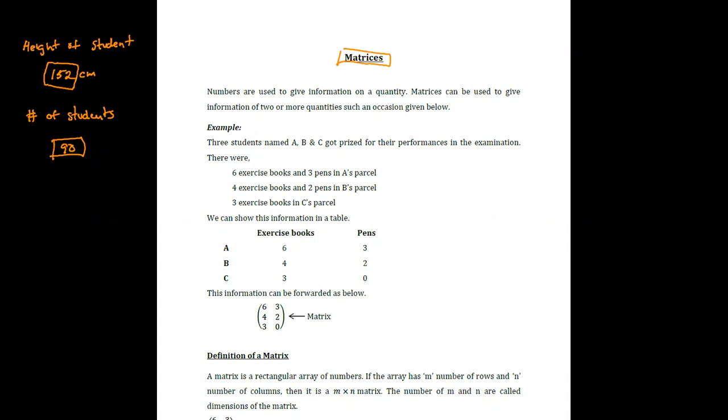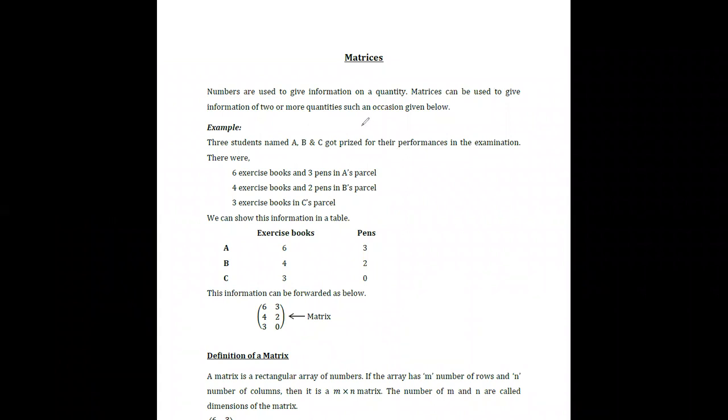According to this example, there are three students in a class and they have got prizes for their performances in the examination. A has got a prize, B has got a prize, and C also got a prize.